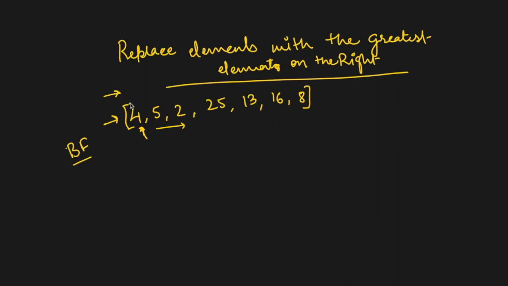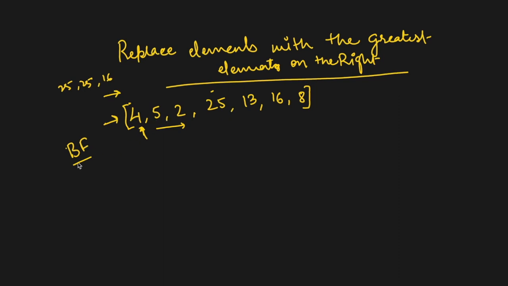For example, take 4, compare it with all other elements to the right and replace it with the maximum one, so it's going to be 25. Similarly for 5, it's going to be 25. For 13, compare it with 16 and 8, so 16.